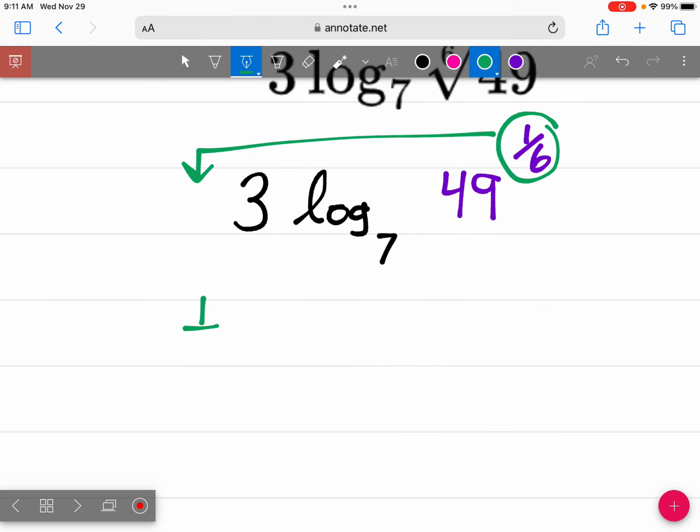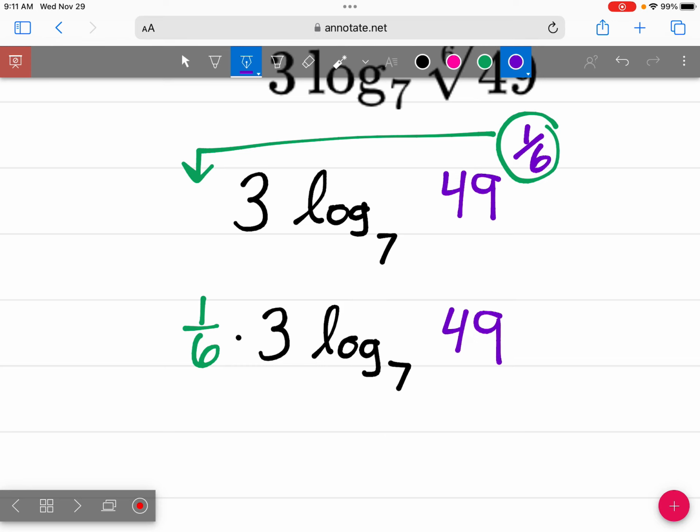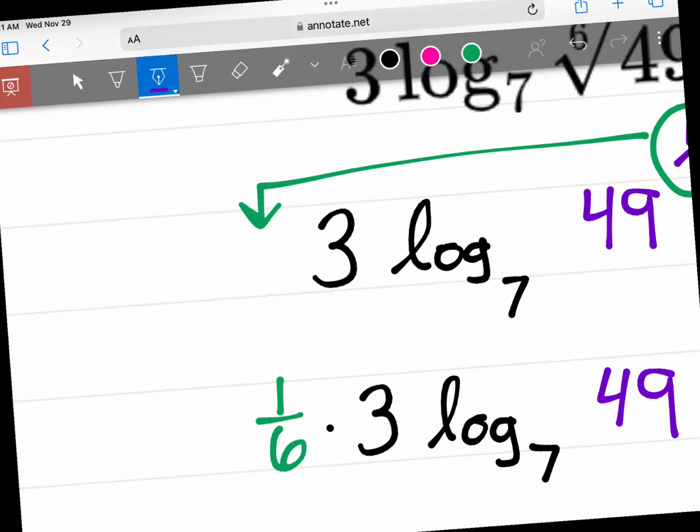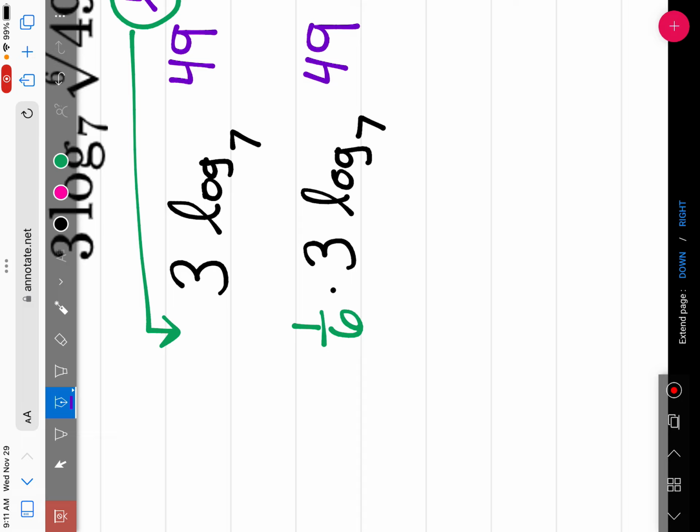So we have 1/6 times 3 log base 7 of 49. Log base 7 of 49 is 2.